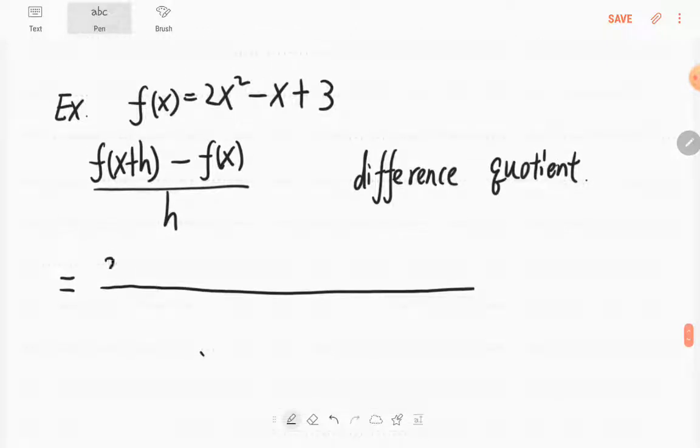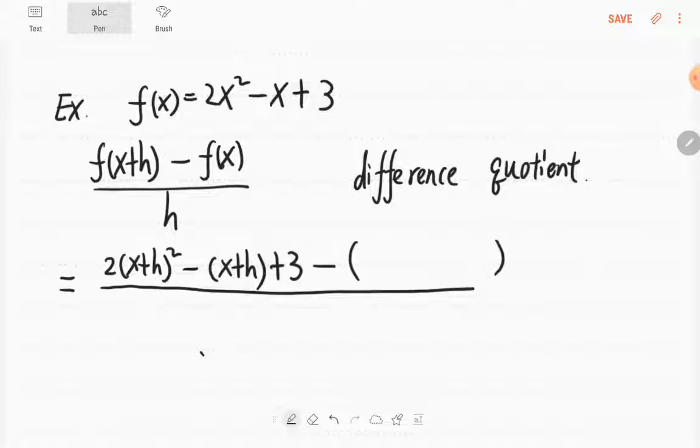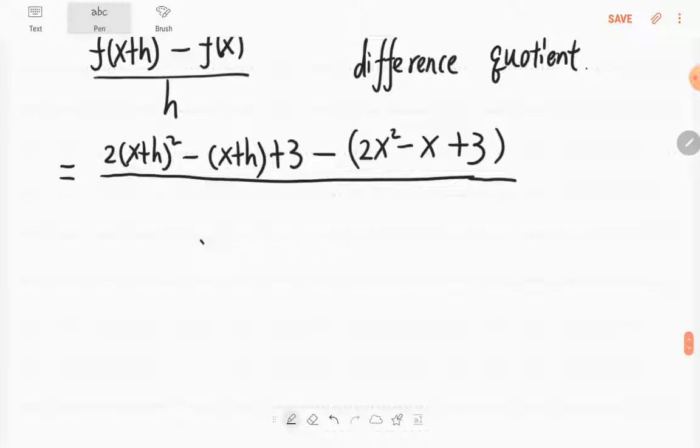So it becomes 2 times (x plus h) squared minus (x plus h), don't forget the parentheses, plus 3 minus, we use the parentheses, okay? Otherwise, it will cause some confusion for some students. (2x squared minus x plus 3), right? Divided by h.